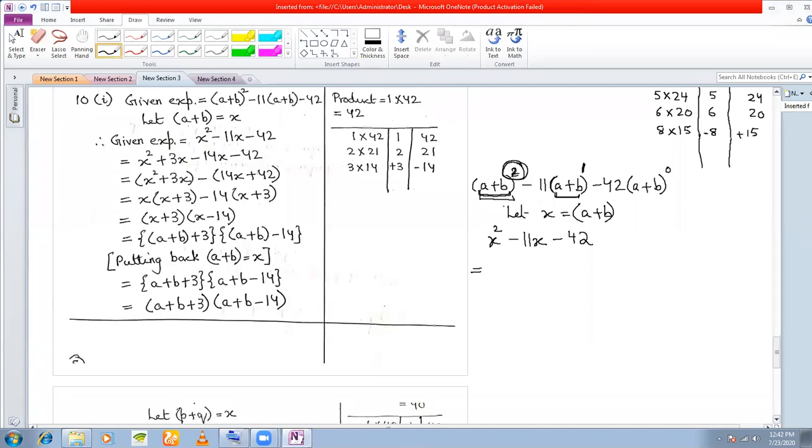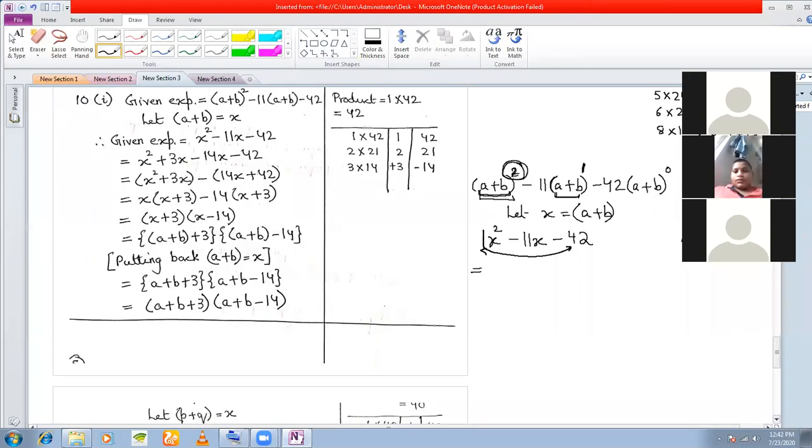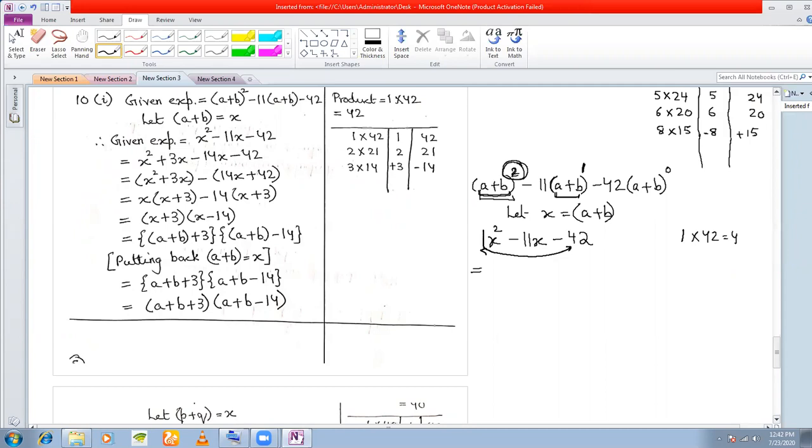Okay, so this is x square minus 11x minus 42, descending powers of x starting from 2. Here you have a coefficient of 1. So you multiply this one with this 42, and the product will be 1 into 42, which is 42.